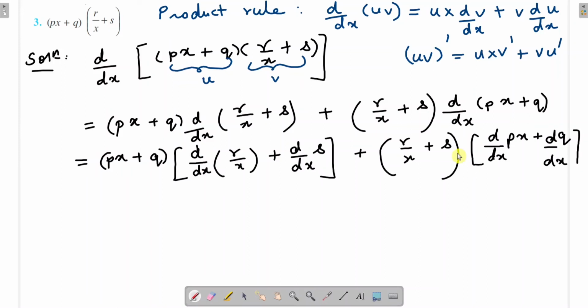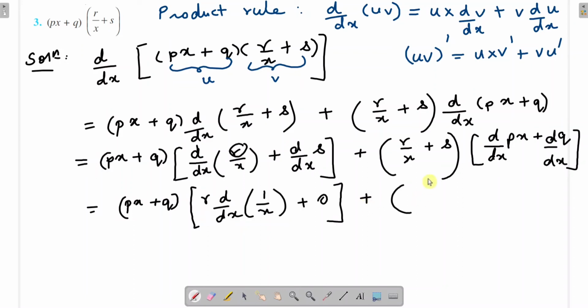Now here r is a constant, so it can be taken out of the derivative. So r d by dx of 1 by x we will get, plus the derivative of the constant s, that is 0, plus r by x plus s, and now here this is the derivative of px. So p is a constant, we can take it out, and derivative of x, plus the derivative of a constant which is 0.